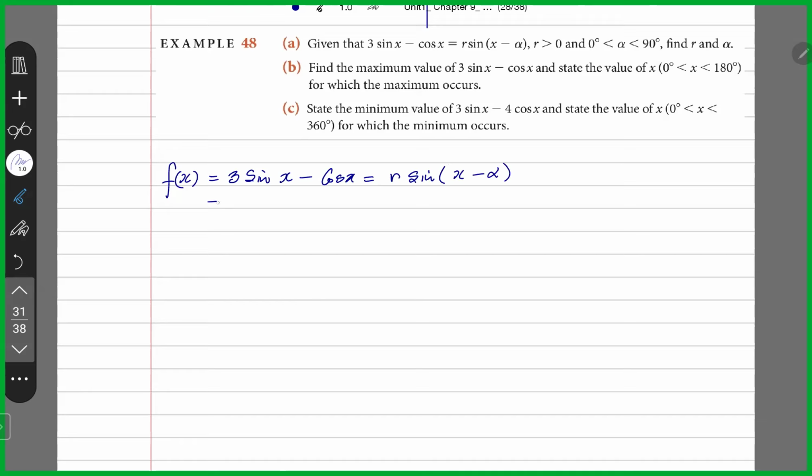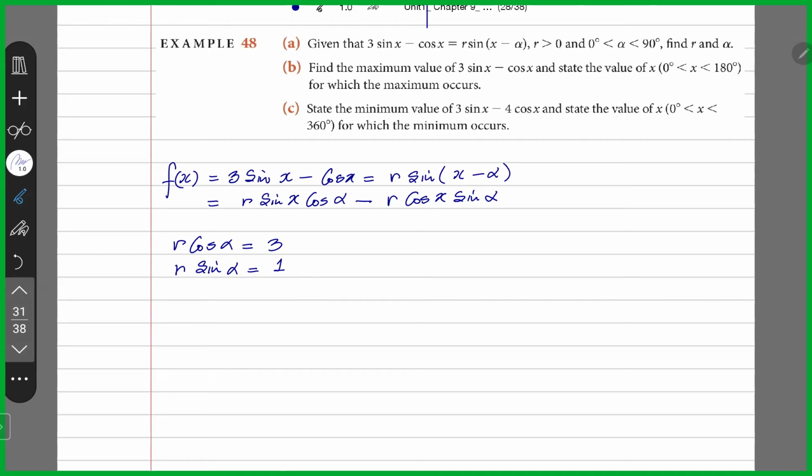Expanding the right-hand side, and now equating coefficients, we're going to get that r cos alpha is equal to 3 and r sine alpha is equal to 1.